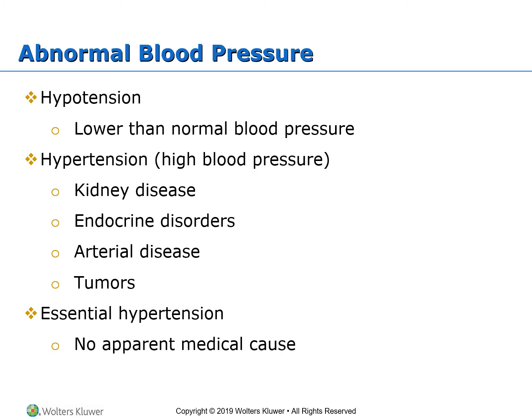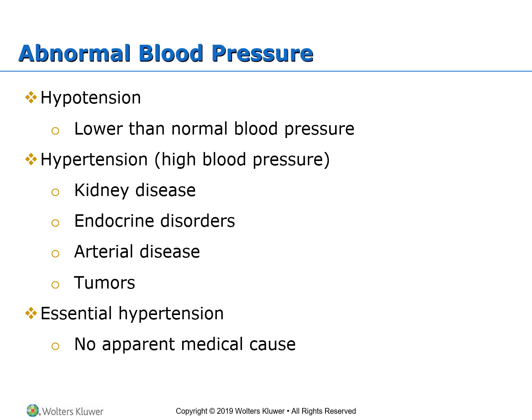We may have tumors of the adrenal medulla that will increase the secretion of stress hormones such as epinephrine, which is part of the sympathetic nervous system, and by their action of increasing the heart rate and increasing the vasoconstriction will create the increased blood pressure.